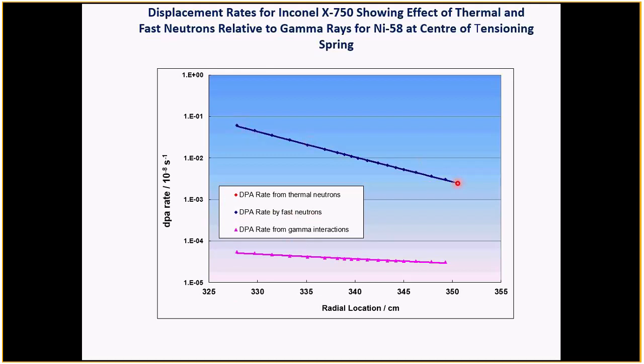And there's the DPA rate when we calculate from the fast neutrons, and it's pretty small. This is divided by 10 to the minus 8 per second. So it's really quite small. It's 0.1 times 10 to the minus 8 per second. So that's a pretty low DPA rate, and that DPA rate is not sufficient. That would take 650 years for the spring to relax, and the gamma is not going to help you much.